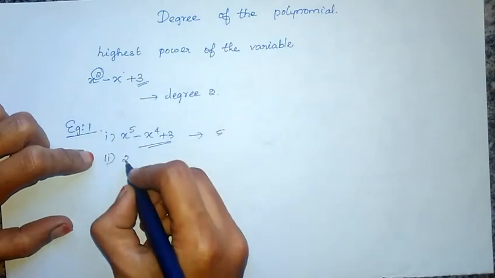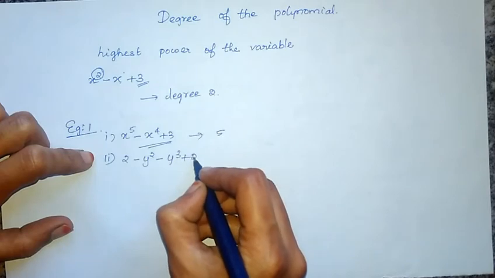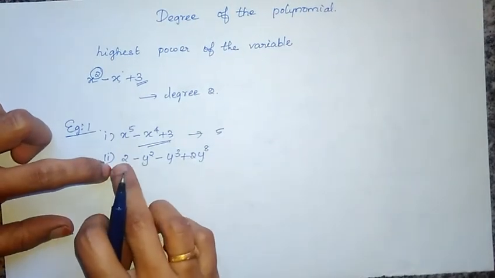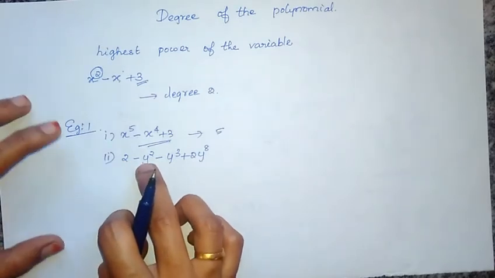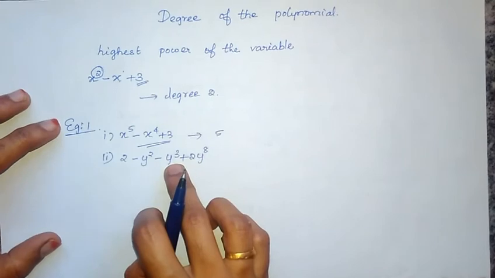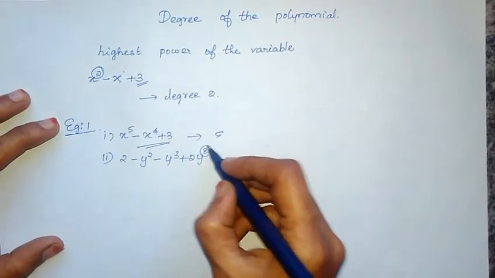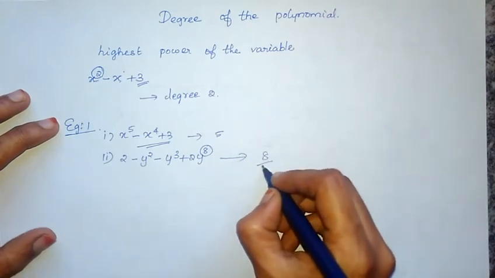Second one. 2 minus y square minus y cube plus 2y power 8. Here the power of this term is 0, power of this one is 2, power of this is 3, power of this one is 8. So here the highest power is 8. So this is the degree. The degree of this polynomial is 8.